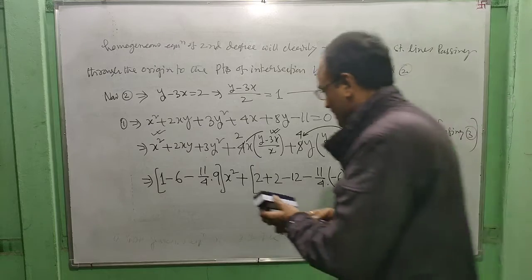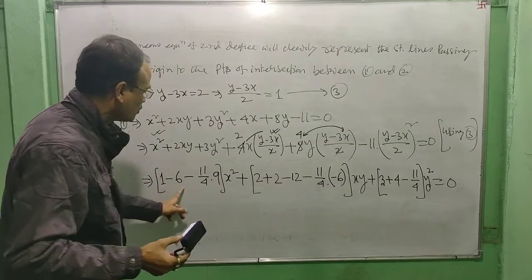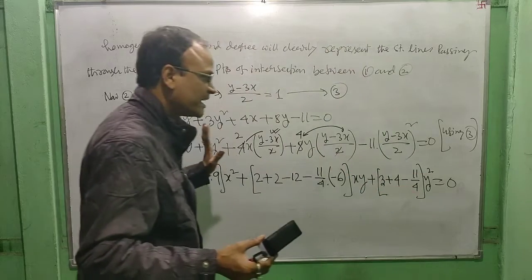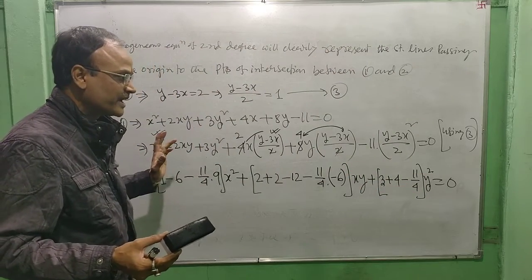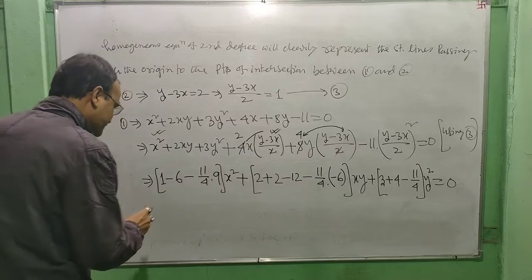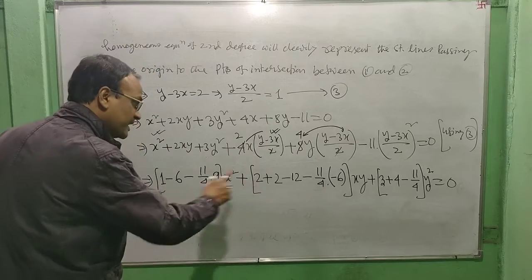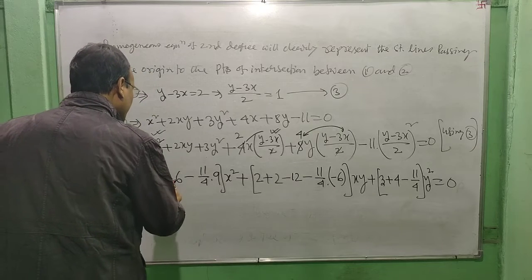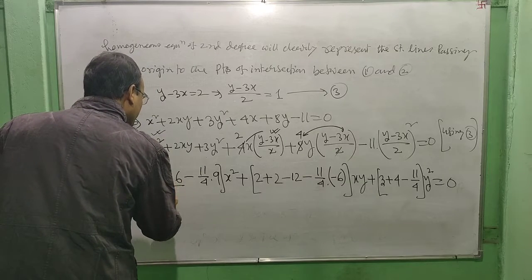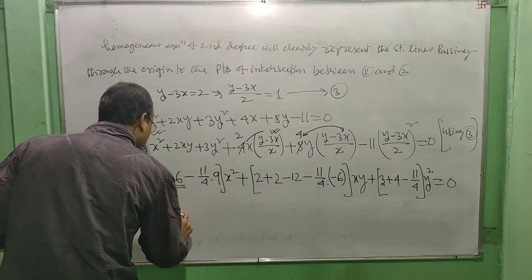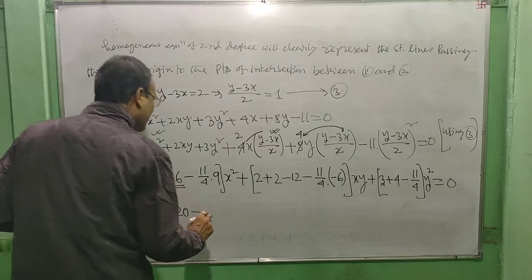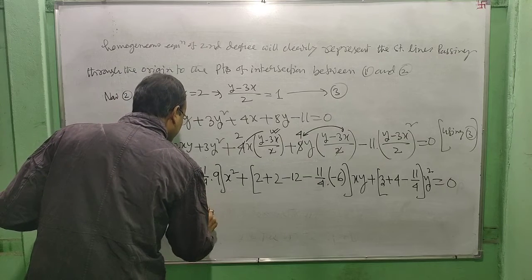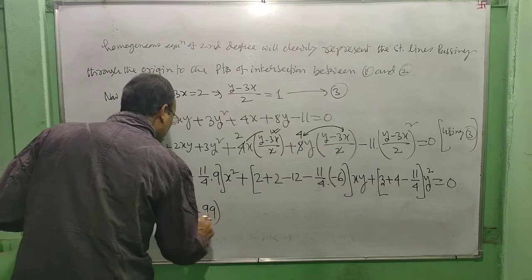Now see, here we have written 1, 2, 3, 4, 5, 6, 7, 8, 9, 10. All terms have been written here. Now multiply both sides by 4. You will get minus 5 into 4 means minus 20, minus 99 into x square.